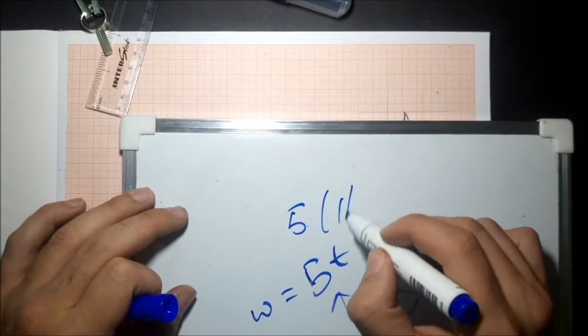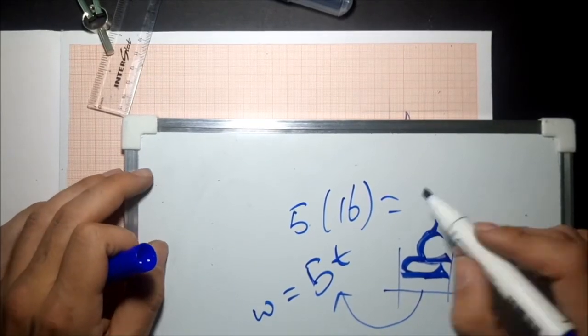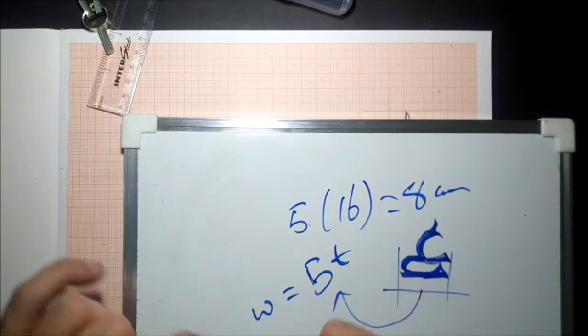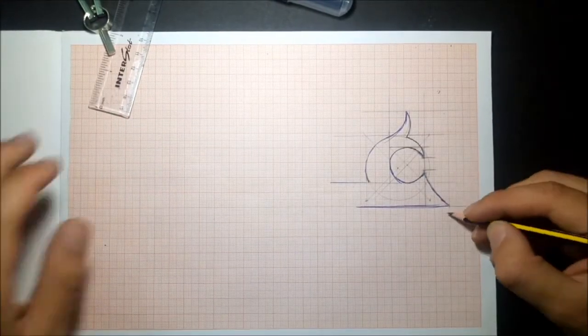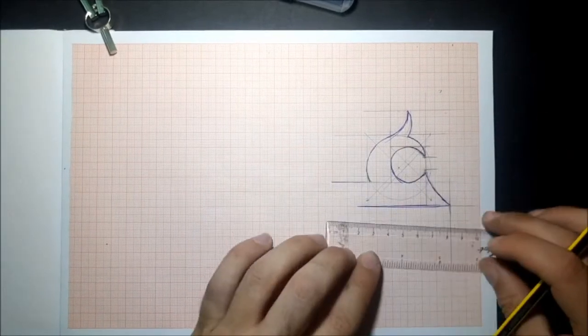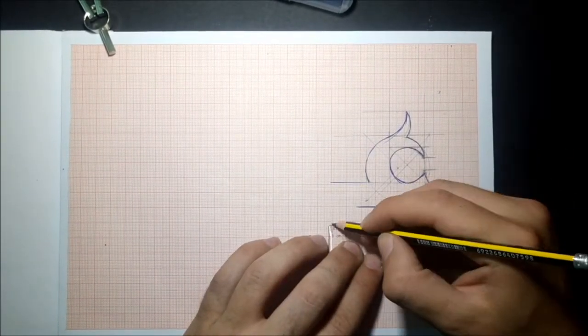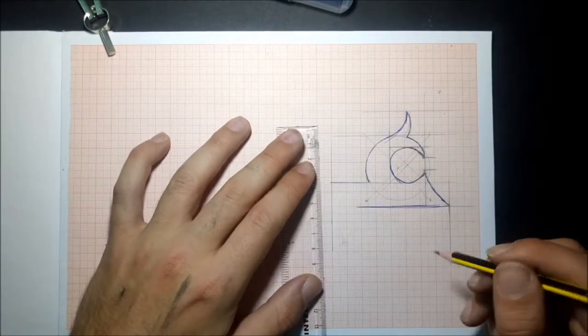So 5 by 16 will give us 80 millimeters, 8 centimeters. Starting from here, we go 8 centimeters, and this will be the end line of the ain.